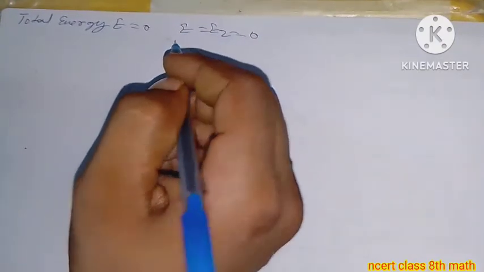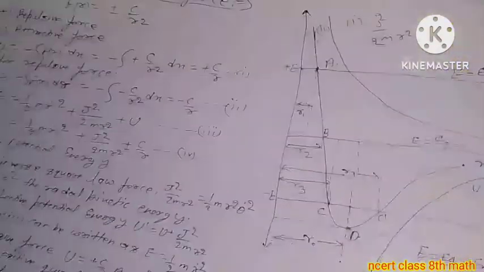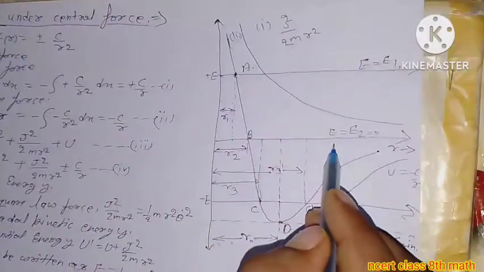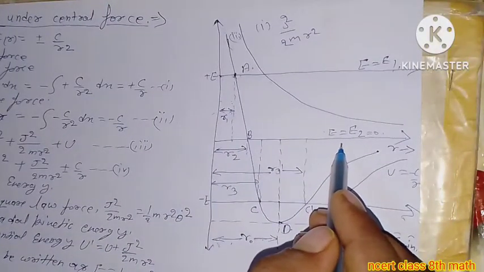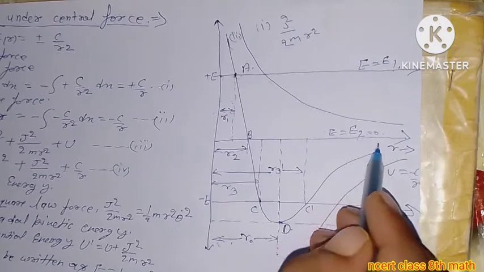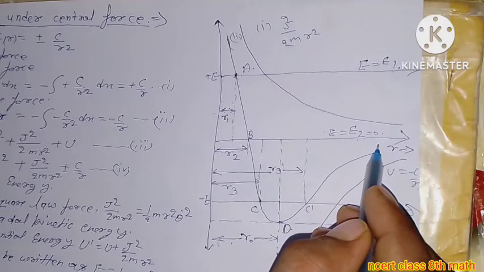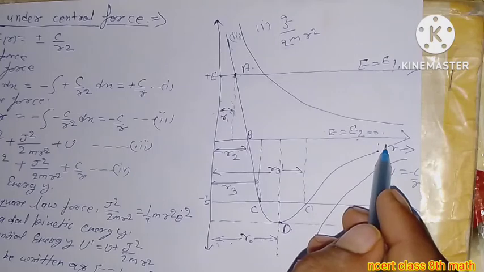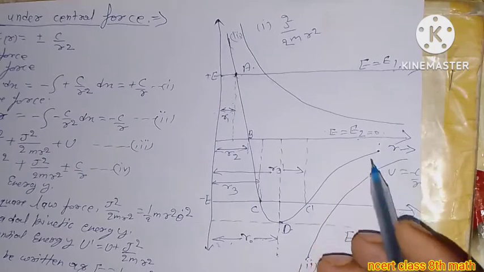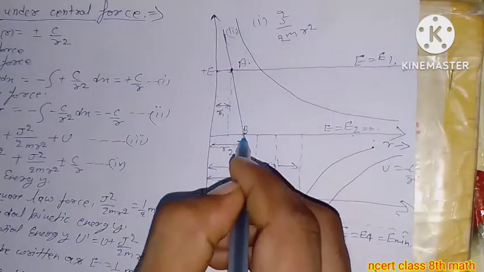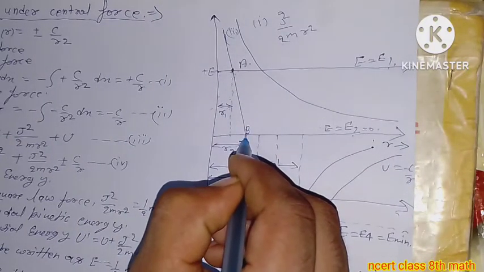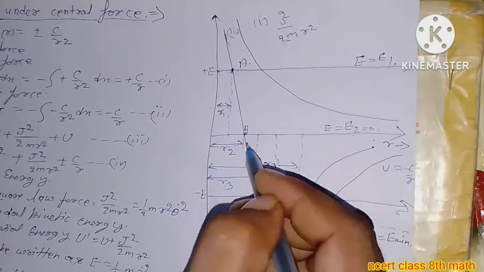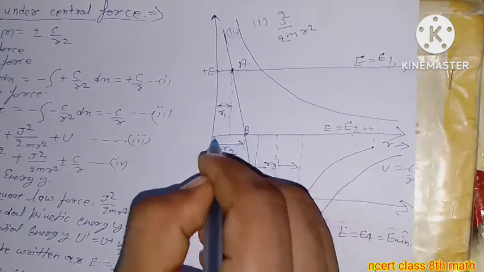In this case, its energy line coincides with the R axis, and there is only one turning point at B, where OB equal to R2.